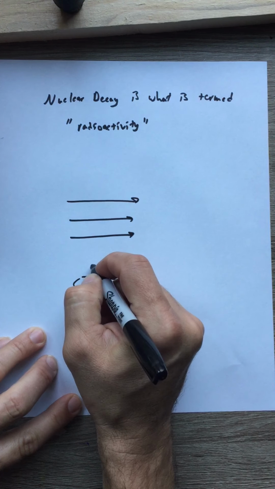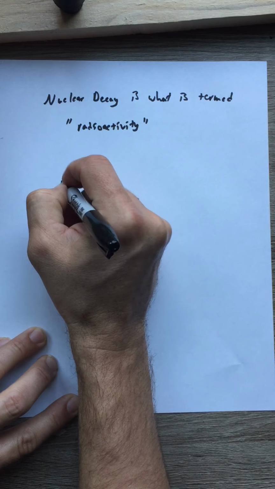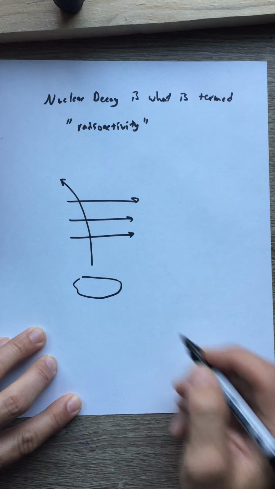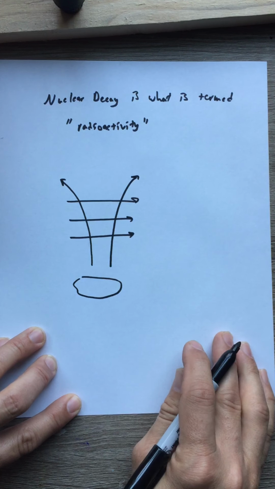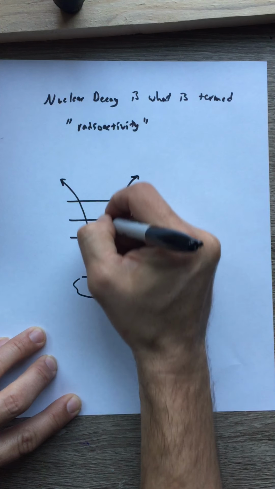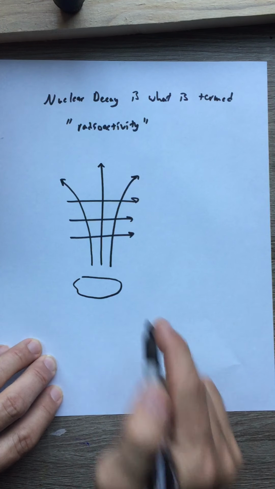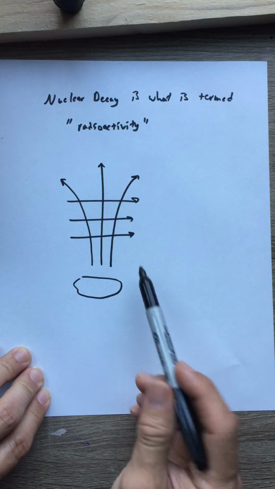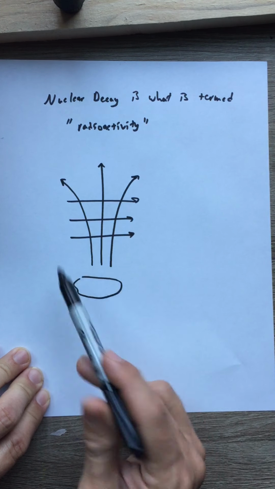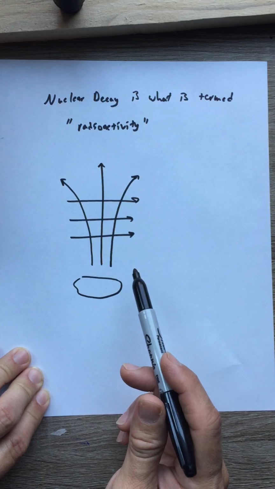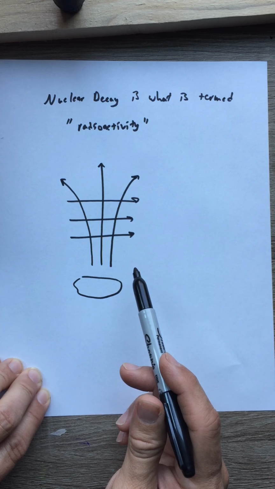What they found was that some of the stuff was deflected that way, some of the stuff was deflected that way, and some of the stuff wasn't deflected at all. Of course, we know from previous work in this class, if you have stuff that is deflected by a magnetic field, that has to be a charged particle.